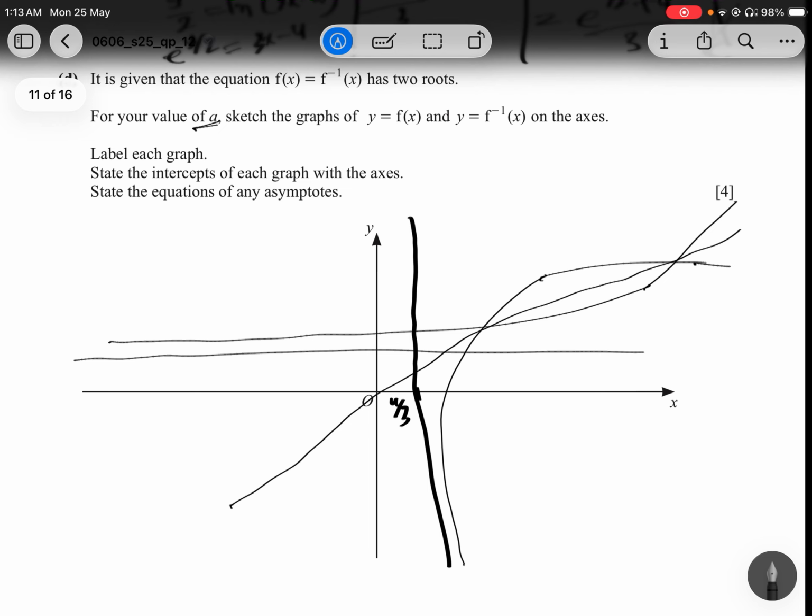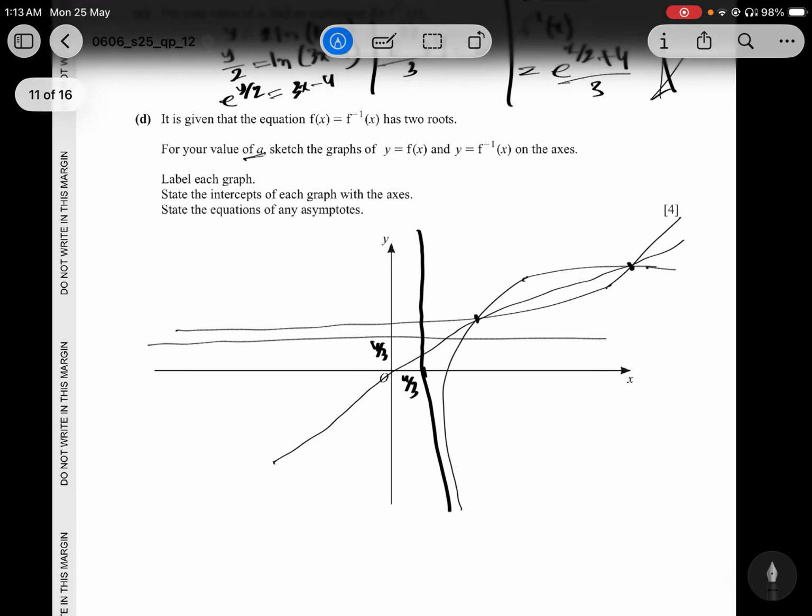So this point and this point would be two solutions. And this is 4 by 3. Yeah, I'm okay with this one.